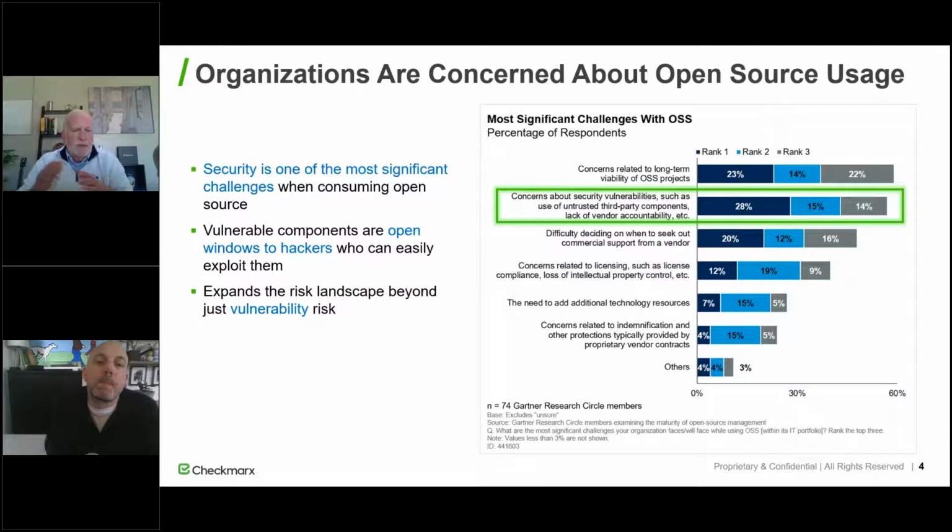And really, it expands the risk landscape beyond just vulnerability risk. For so many years in the world of application security testing, it's always been about dealing with the vulnerabilities that our developers created, right? And now that we're talking about open source, it certainly broadens that risk landscape. Now we've got to consider license risk, and we also have to consider operational risk, which we call technical debt.